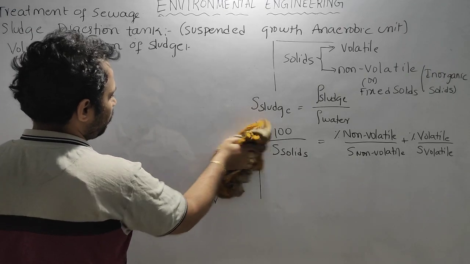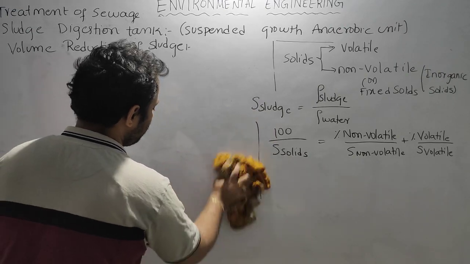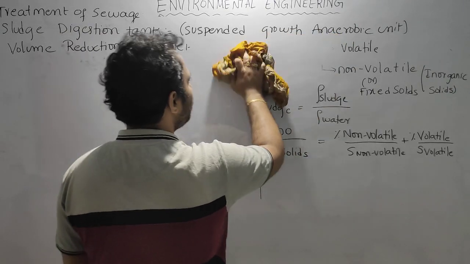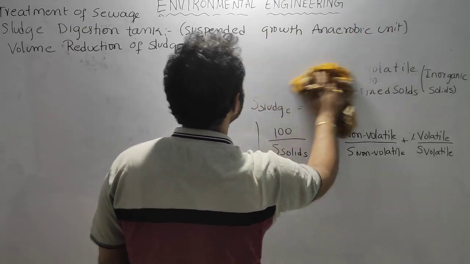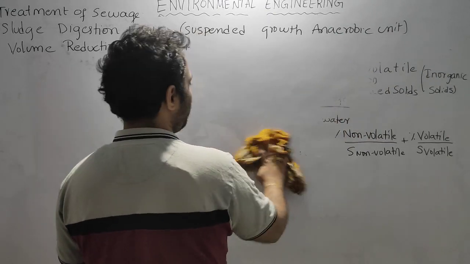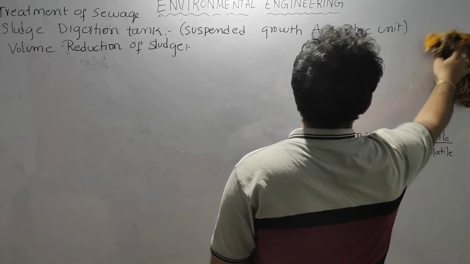After thickening, I will assume the moisture content is P2 and the volume of the sludge after thickening is V2. Let us now start our analysis.